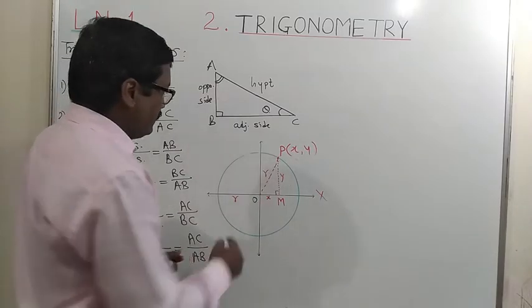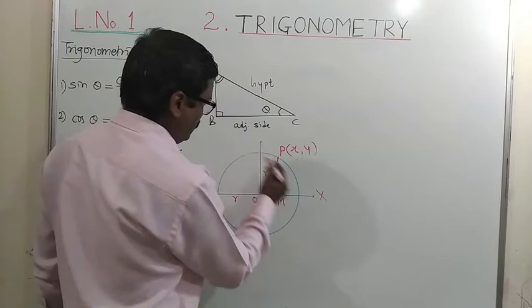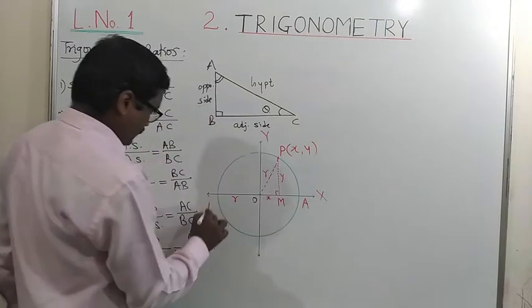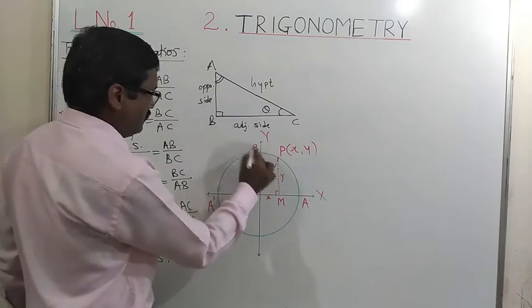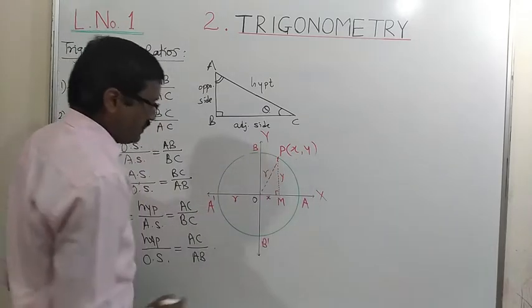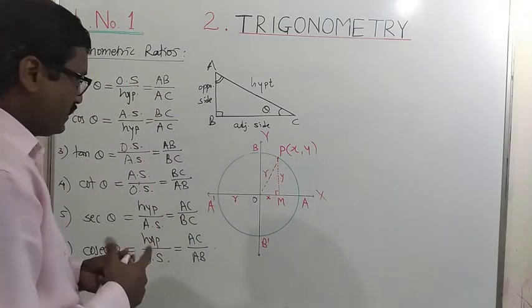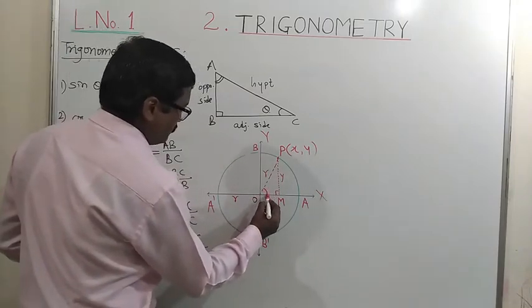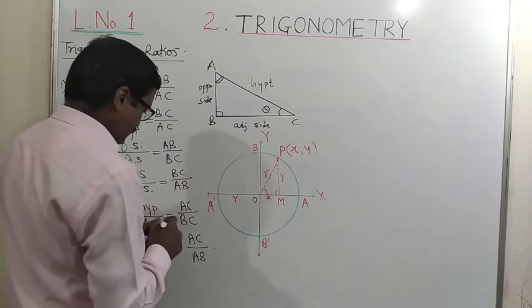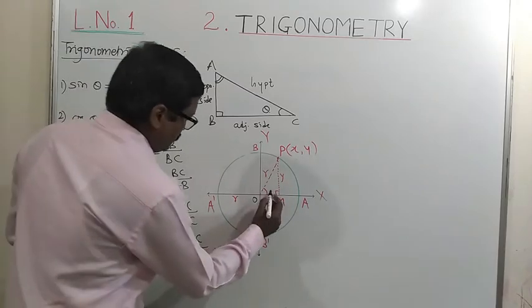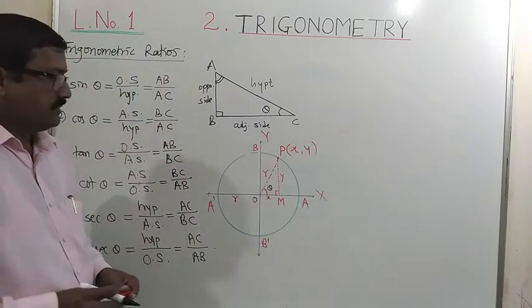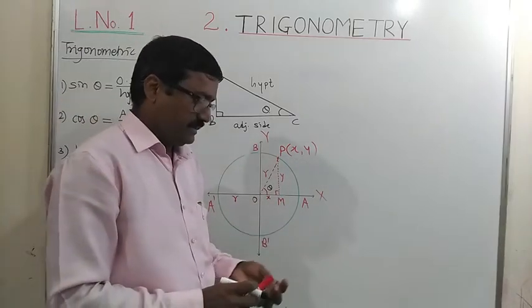This is also r. This standard circle cuts the axes, x and y axis, in points suppose A dash, B dash. In this, once again, suppose this theta is the inclination of line OP with positive x-axis.